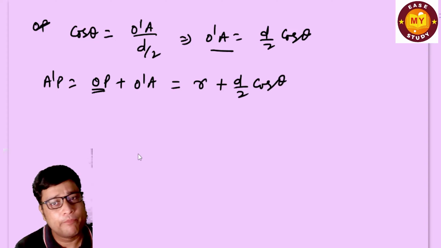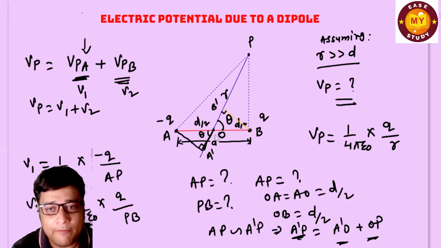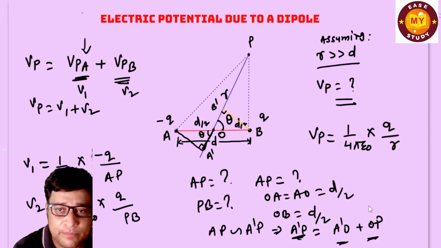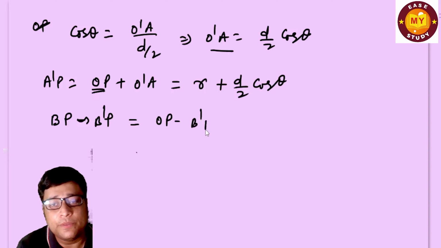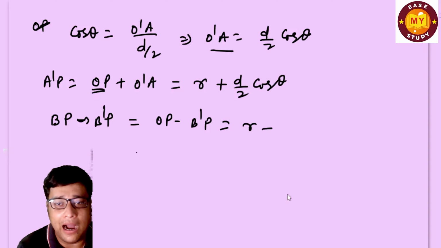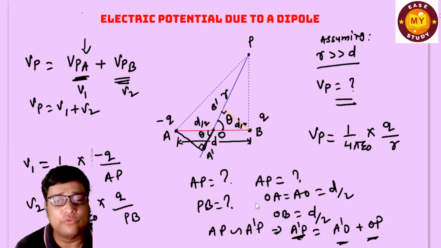And then if you want to find the BP, so this will be equal to, if you see it here, this will be OP minus B dash P. What is OP? I know R. Then I have to find B dash P. So to find the B dash P, we know this is theta, this is 90 degree. You can easily find the B dash P also, because this is right angle triangle.